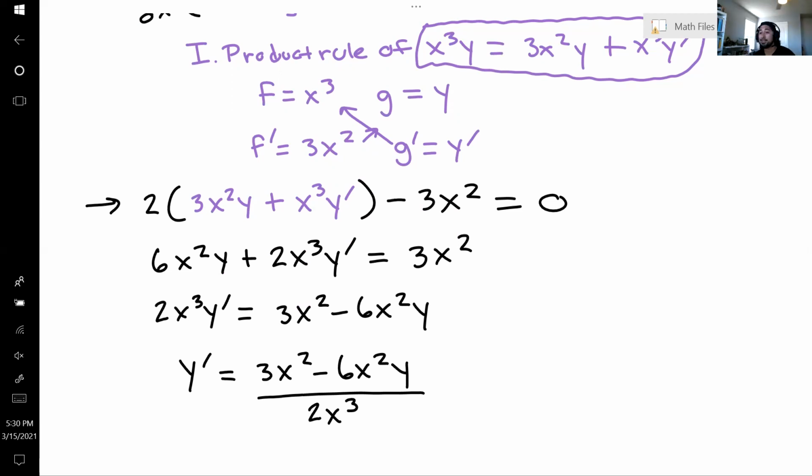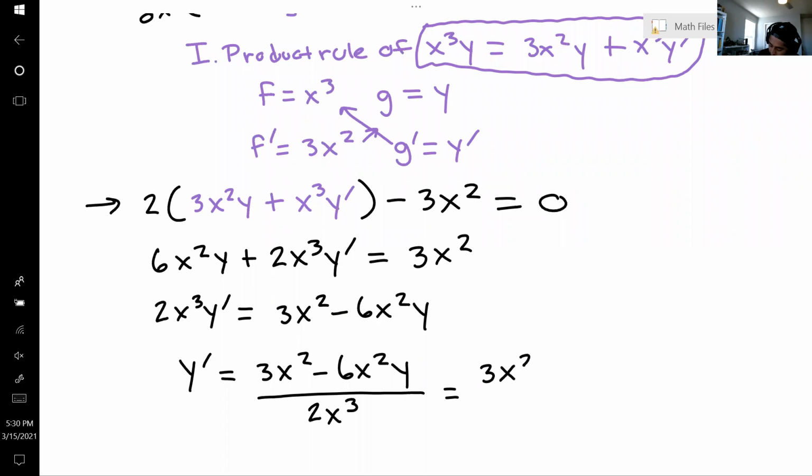Okay, so this one, unlike the others, we actually have a chance to simplify. What could you factor out of the numerator? x squared or 3x squared. You can take a 3x squared out.